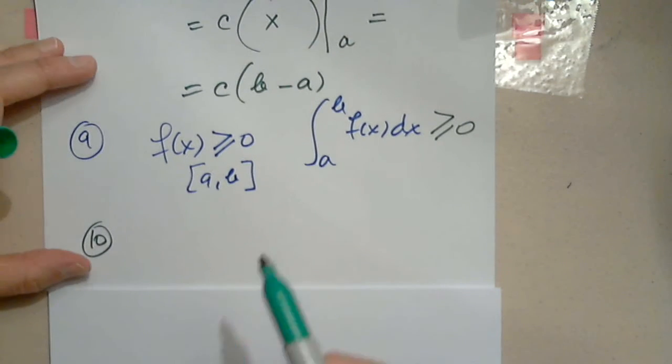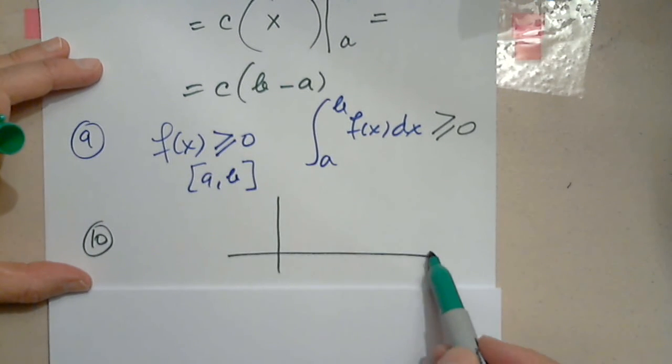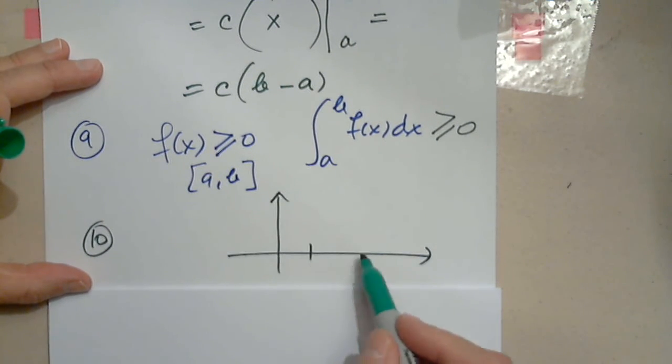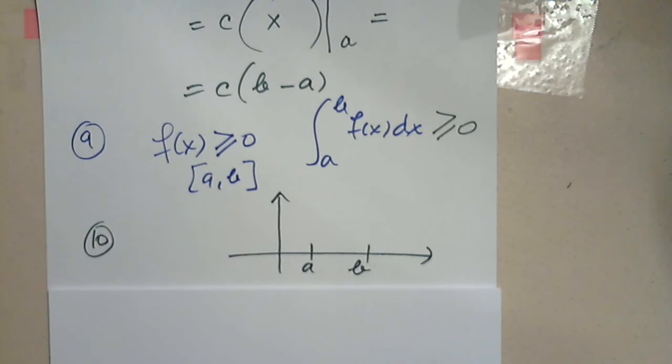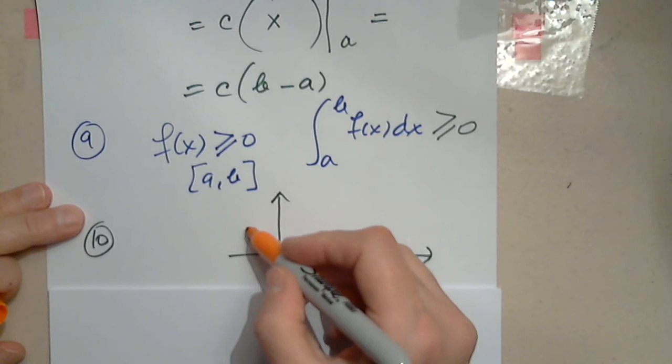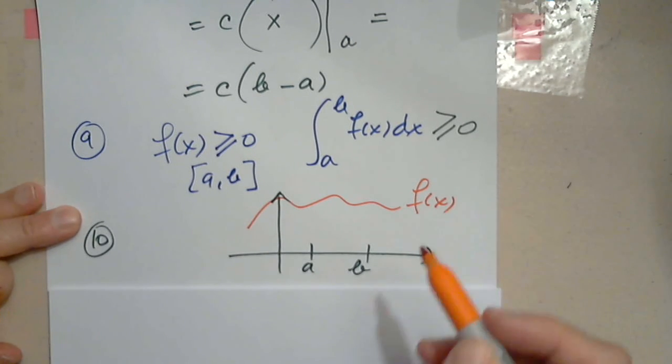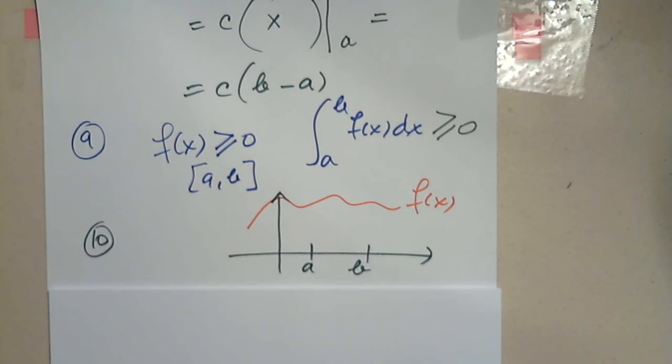Number 10. Let's look at the graph. Here's the interval a comma b. And I have a function f of x. And I have a function g of x.